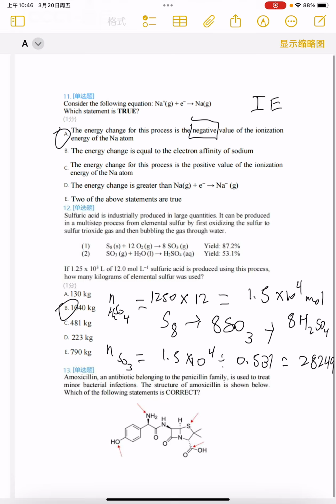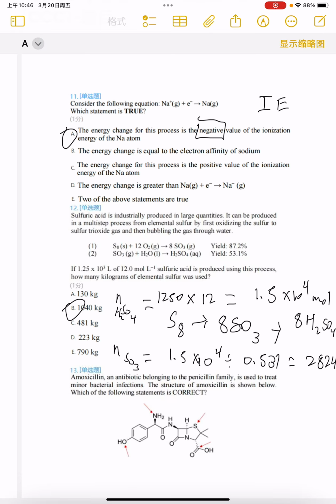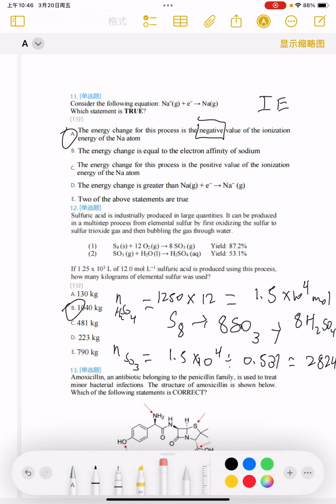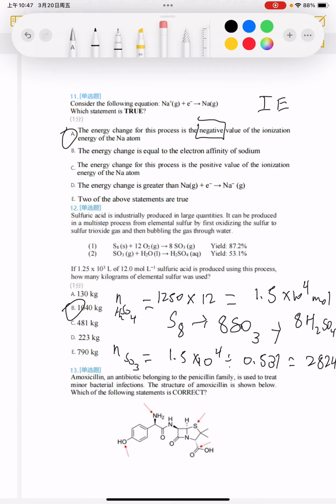I'll just analyze it over here. We see these arrows indicated. We'll start with the O. This O is connected to an H and a carbon.